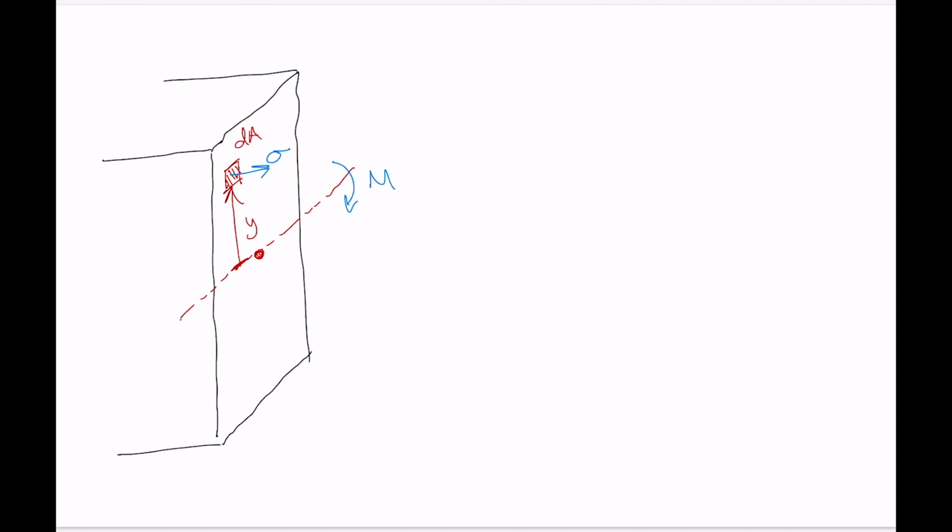Okay, so what we want to think about is where that internal moment M comes from. If we take the stress sigma and multiply it by area dA, that gives us a small normal force dN that's oriented in the direction of sigma.